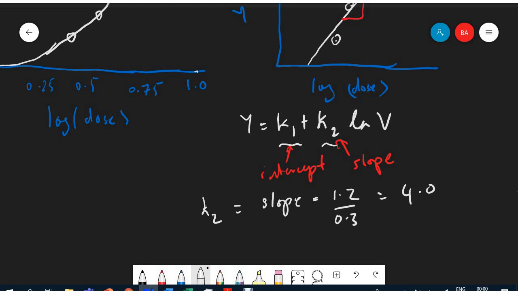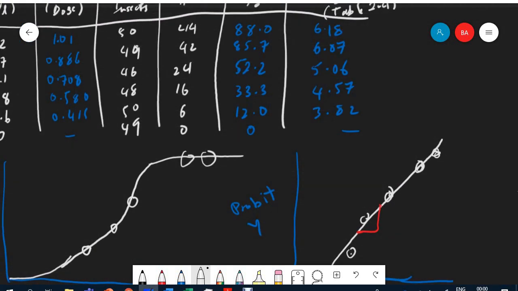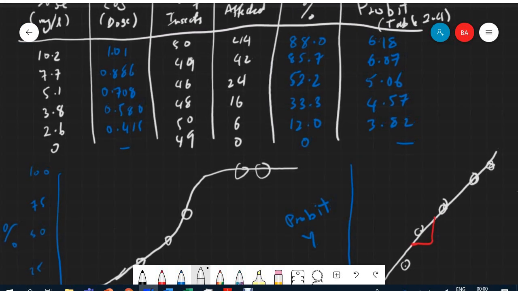And to find k1, we already have values for y and v, the dose. There are many points that I can select here.